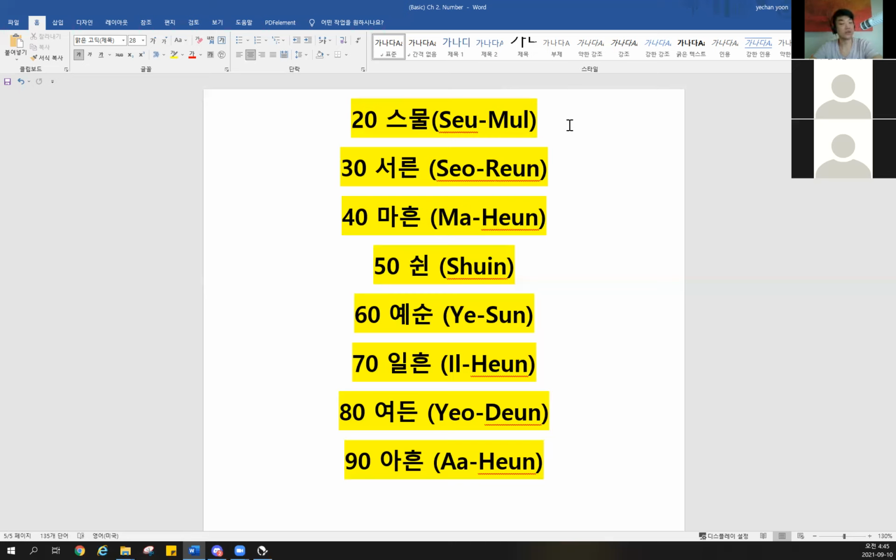Okay, so after 90, as I told you, you can just use the Sino counting version. Until here, so far so good. If you guys have any questions, or if you find it difficult to catch up, please write yes or okay in the chat. I think all we have to do up to here is memorize and keep practicing.